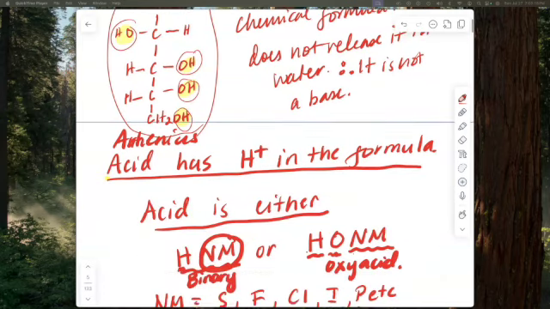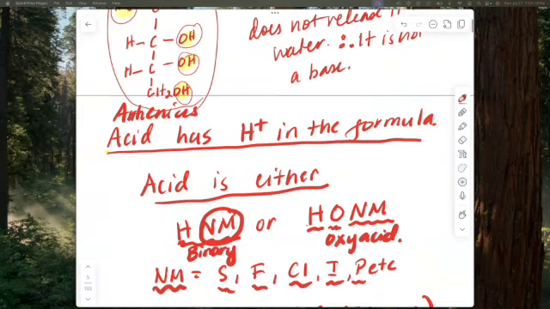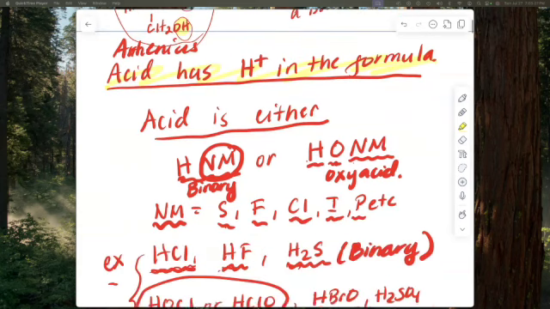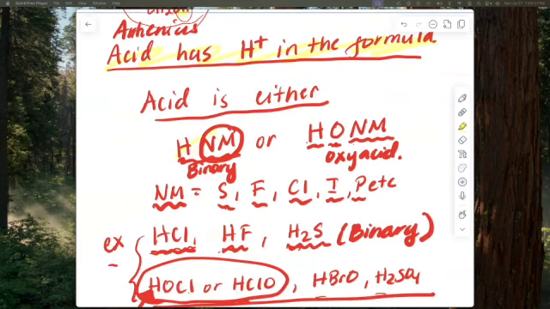Okay. As I mentioned to you guys before, I decided to leave some of my notes. So in the Arrhenius definition, an acid has an H plus in the formula, a visible H plus, right? And the acid can either be binary, with mostly two elements, hydrogen and a nonmetal, or an oxyacid.